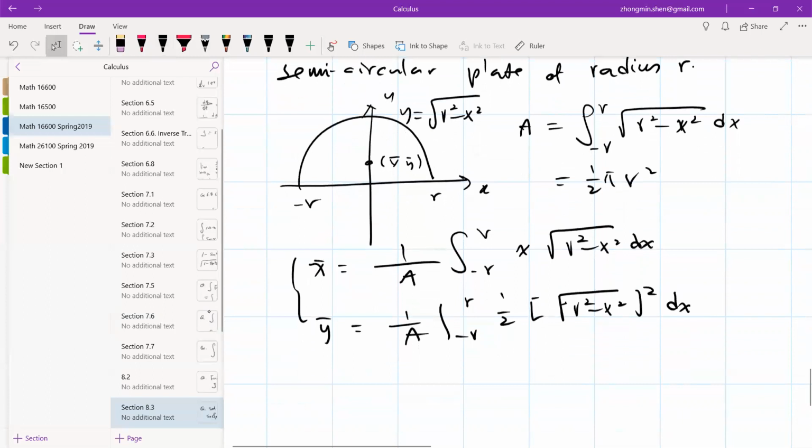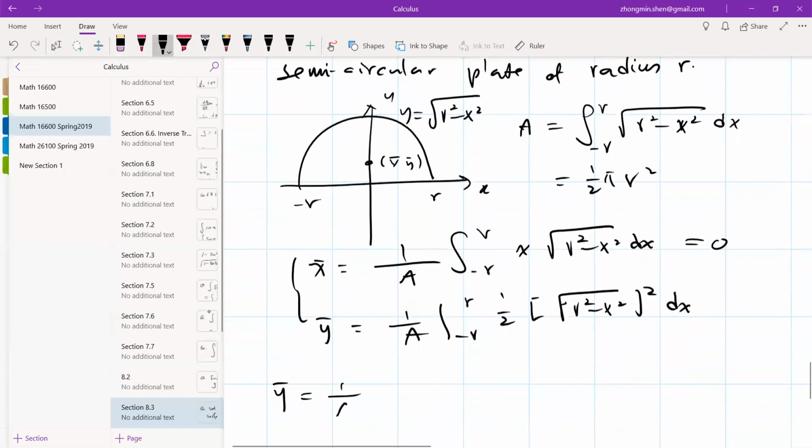I think we don't need to do the first one. It must be 0 by the symmetry. This is an odd function, x times the square root of r squared minus x squared, so that's why the integral over negative r to positive r is going to be 0, cancel out. The negative part and positive part are similar, so they cancel out. We just need to find the y bar.